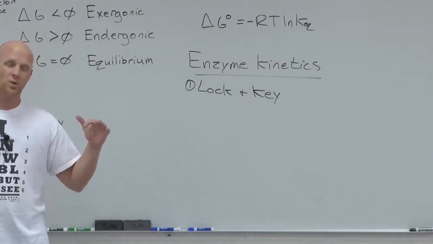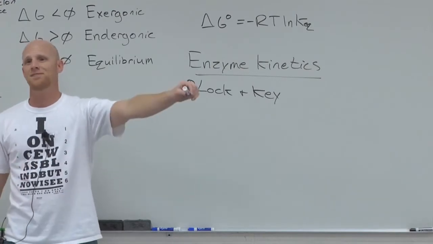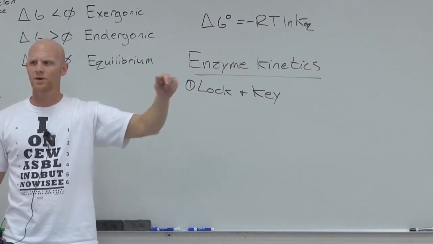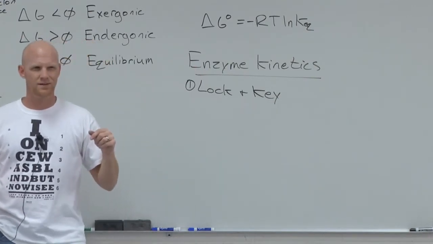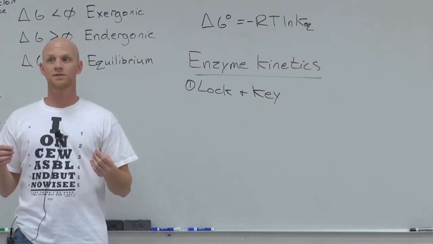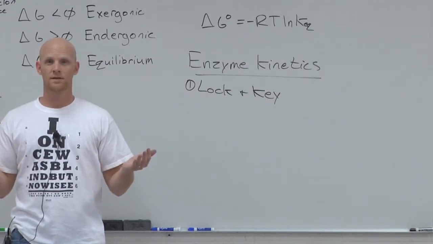Before we look at this, though, we need to look at an overall principle of the universe. If I let this marker go, where's it going? To the ground. Why is it going to the ground? Gravity. What is gravity? It's a force, but it's a force of attraction between objects that have what? Mass.